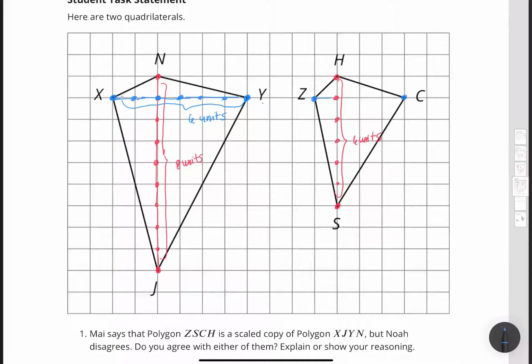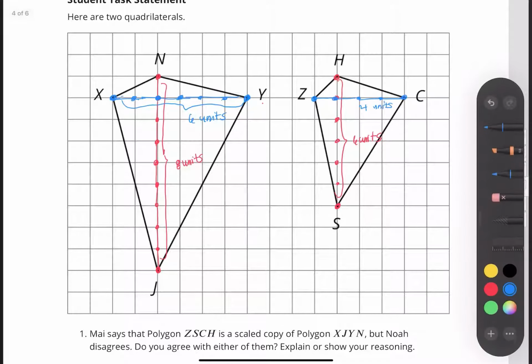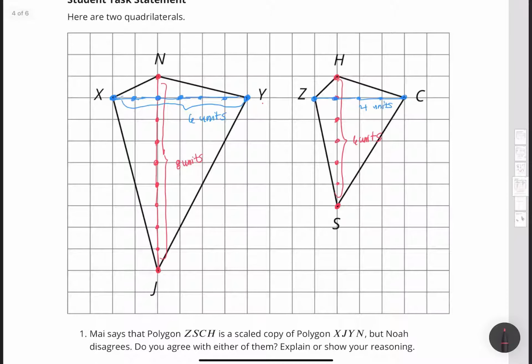And this one is 1, 2, 3, 4, 4 units. Let me double check each one to ensure I didn't make a mistake. So it's 1, 2, 3, 4, 5, 6, 7, 8, 9. That was 1 off, okay. And this one is 1, 2, 3, 4, 5, 6. Okay, that one's right. 1, 2, 3, 4. 1, 2, 3, 4, 5, 6. Okay.